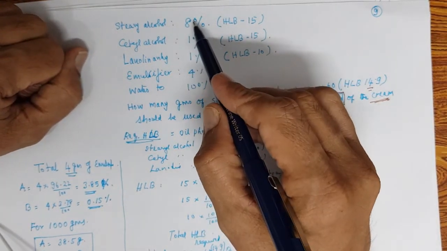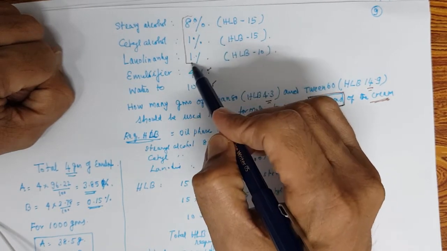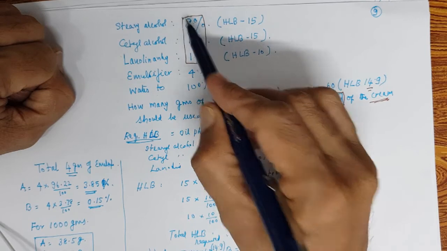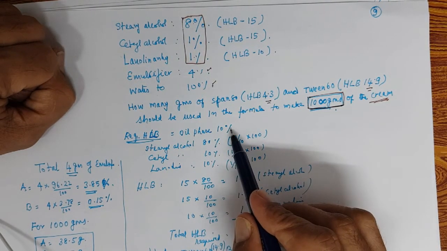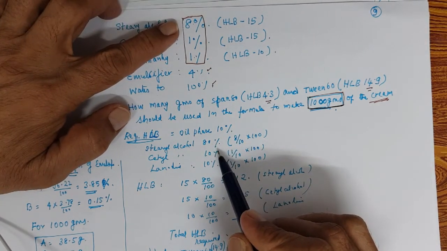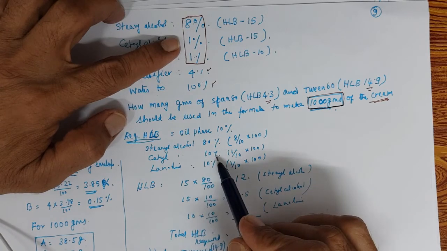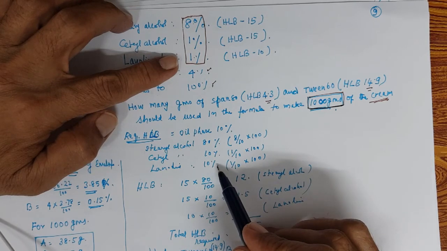So, what is the percentage of oil phase? 8 plus 1 plus 1, that is 10. Right? So, in this 10, stearyl alcohol will be 80%, cetyl alcohol 10%, lanolin is 10%, right? Understood?